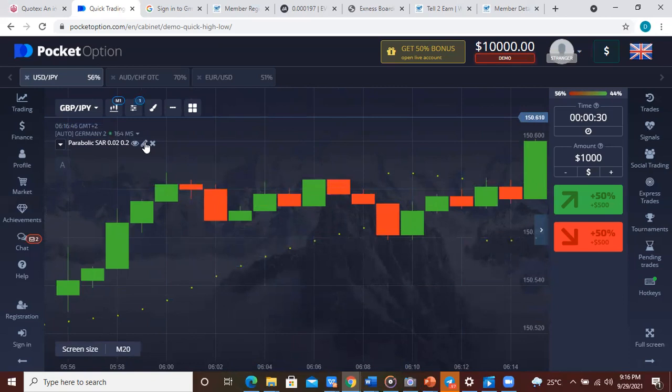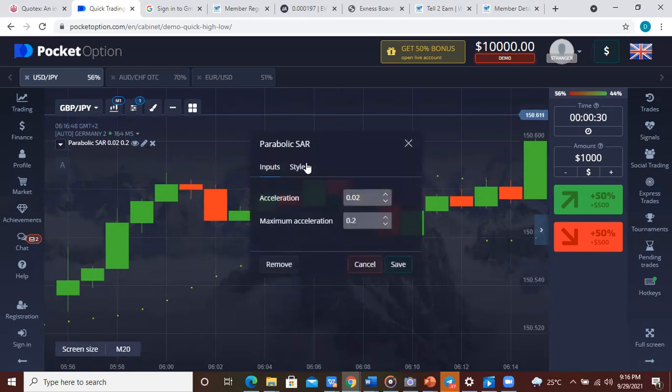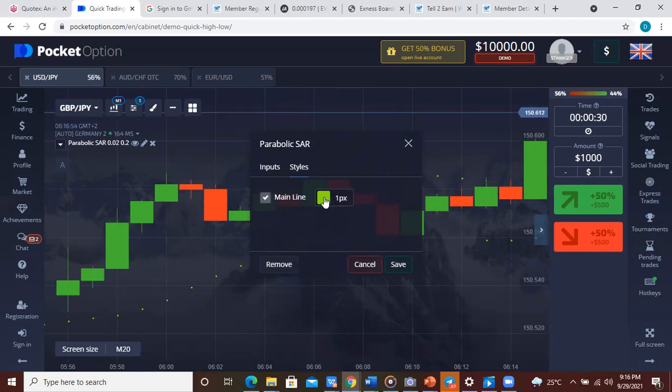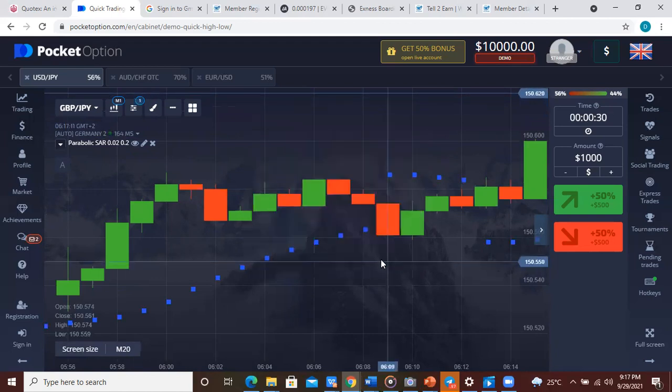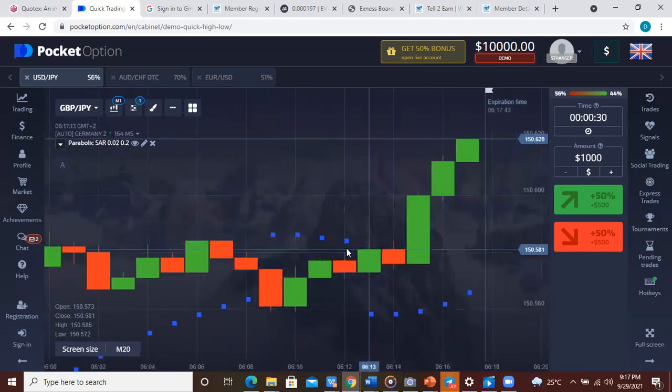Now let me increase it for you. I believe you can see it's a blue line, okay, or red, or what? All right, let's use the blue line. All right. So now this is the Parabolic SAR.